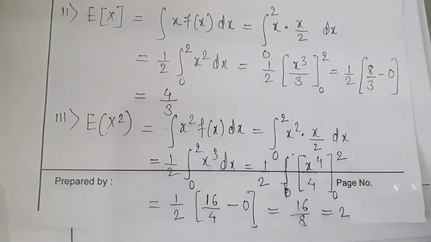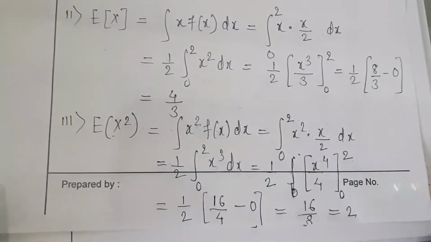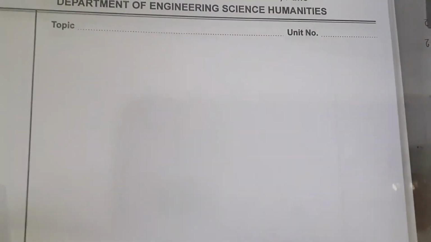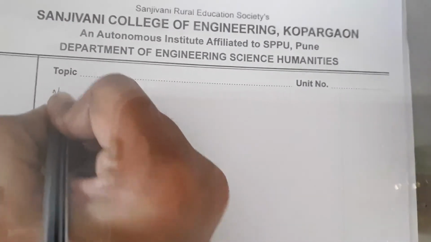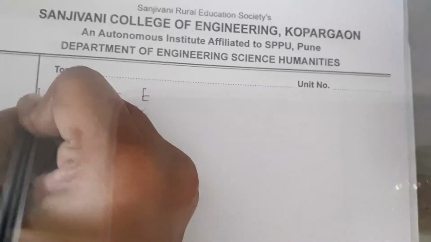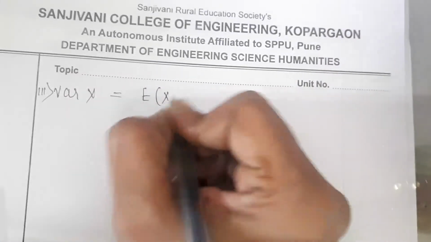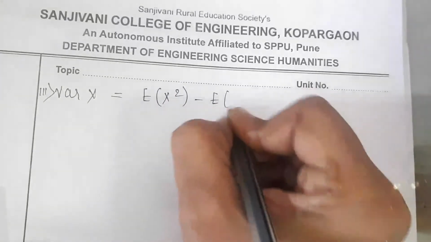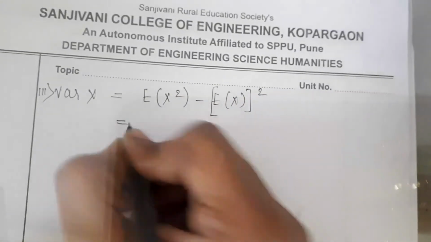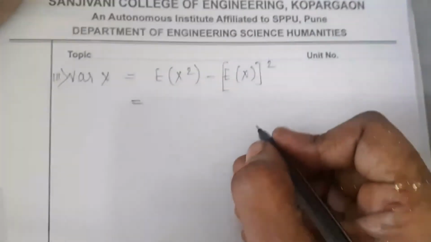Expectation of x square we obtained as 2. Expectation of x is 4 by 3. Now next we want standard deviation and variance of x. So we first find out variance of x. Variance of x is equal to expectation of x square minus expectation of x whole square.